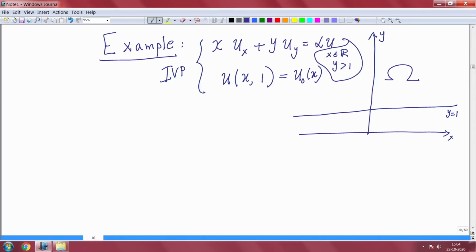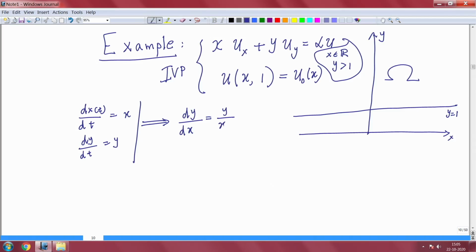So, let us do what we have done. You have dx by dt equal to x, and dy by dt equal to y. But then you can eliminate t. The characteristic curves you can also write as dy by dx equal to y by x.